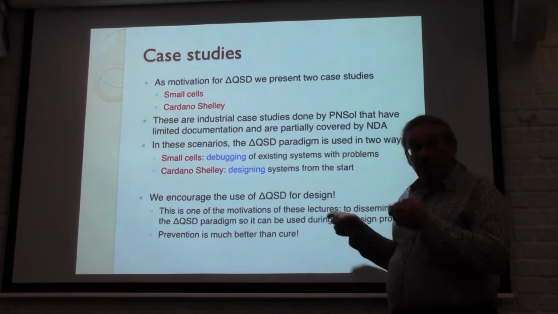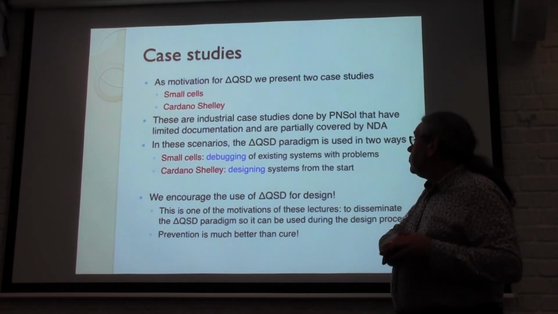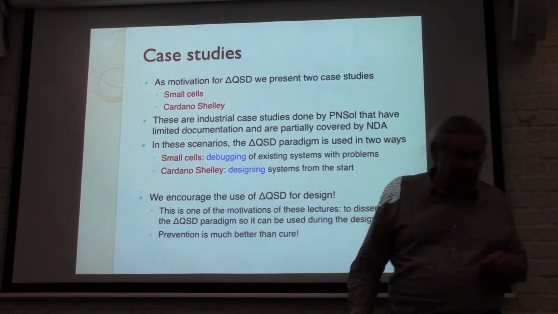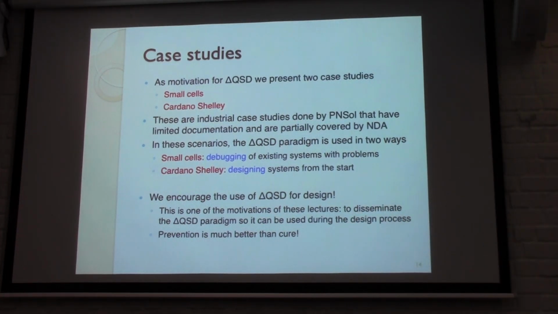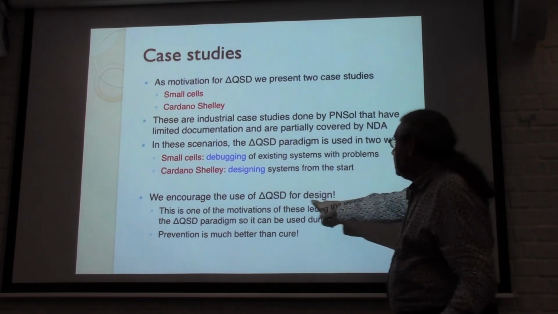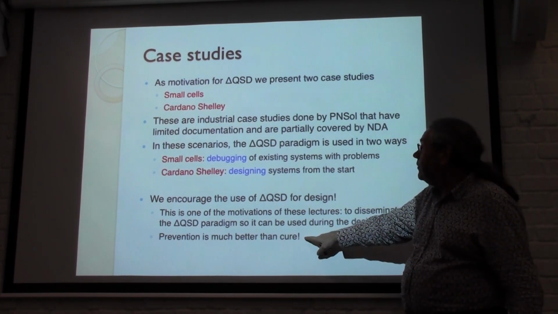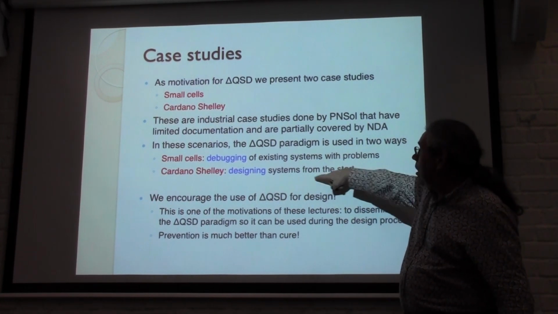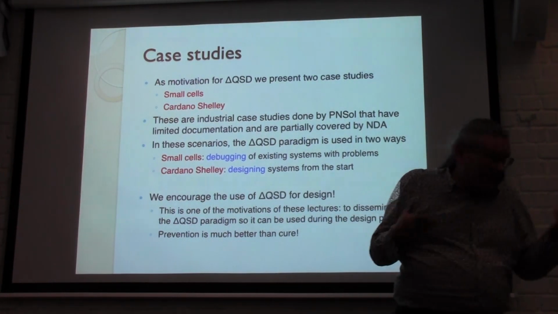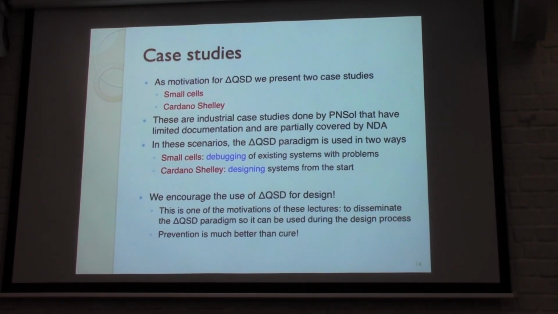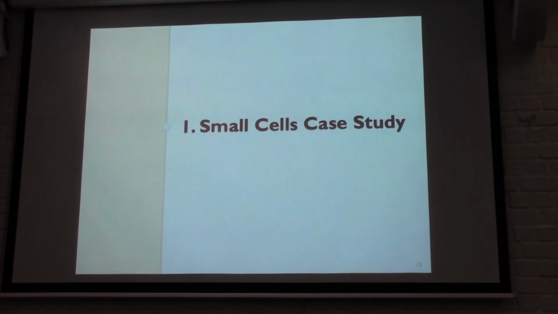They were there in the beginning, so they helped design the system with ΔQSD, and avoided all the problems from the start. And that worked really well. So the better approach is to use it in design. Prevention is much better than cure. You can use ΔQSD for both debugging and designing, but of course it's better to use it for design. But let me first explain this one case study.